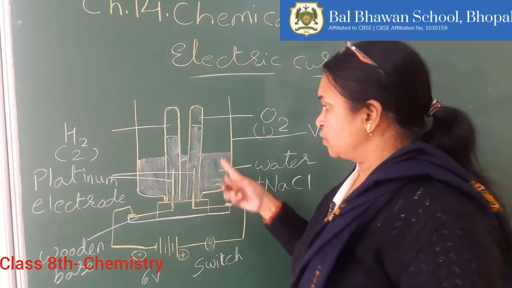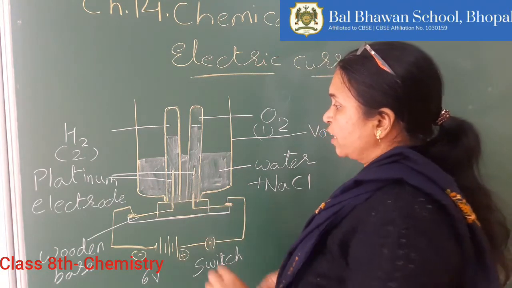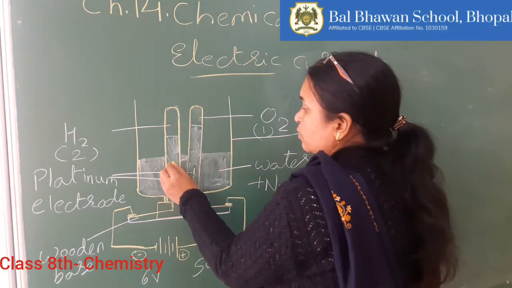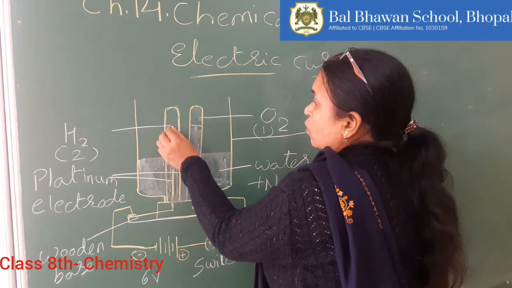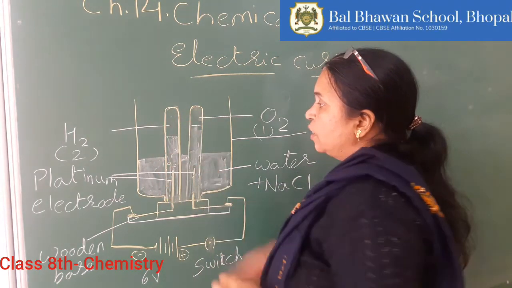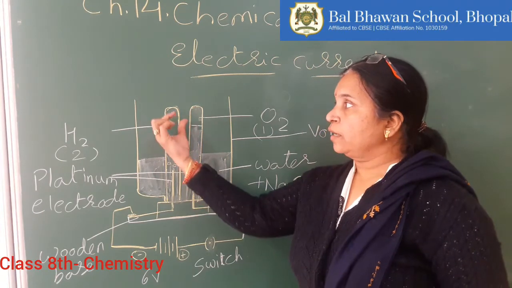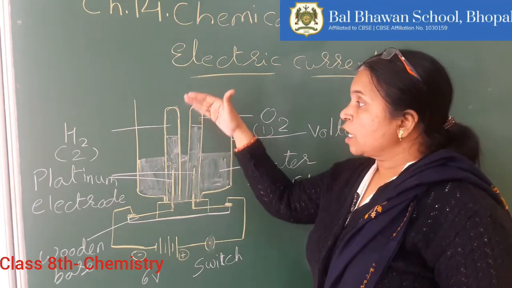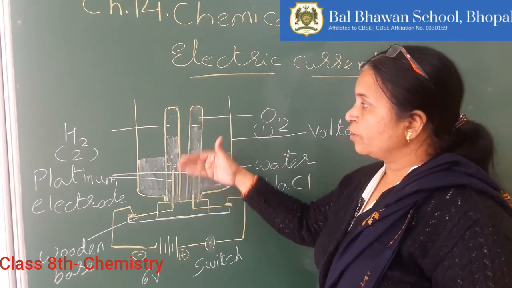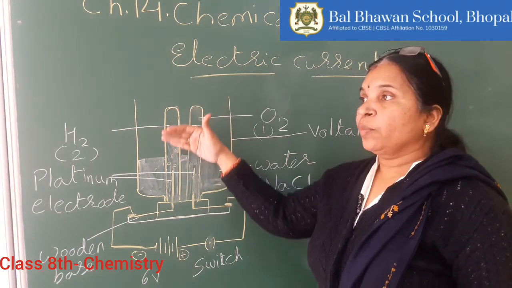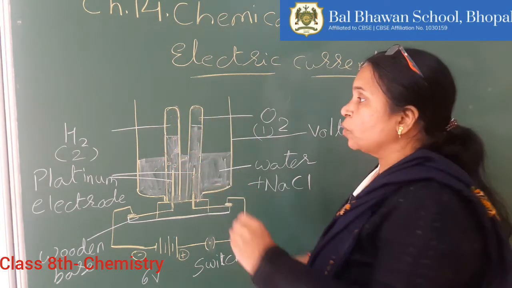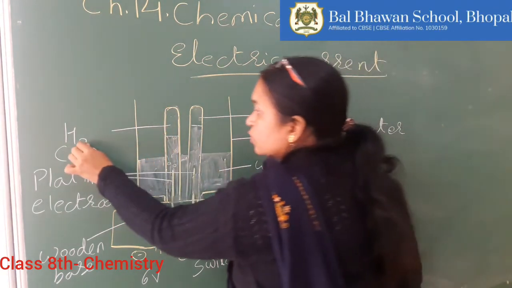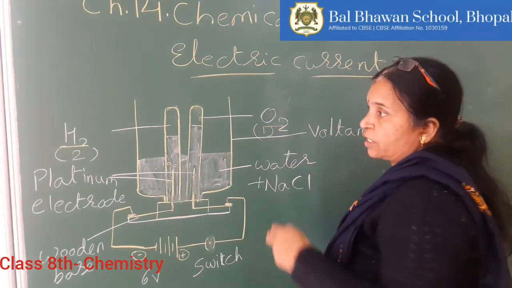When current is passing through this circuit, you will find the bubbles are coming out, and these bubbles will slowly occupy the top position in the test tube, and they will push the water downwards. After a few minutes or maybe after half an hour, you will observe that you will get a sufficient amount of hydrogen gas and oxygen gas.